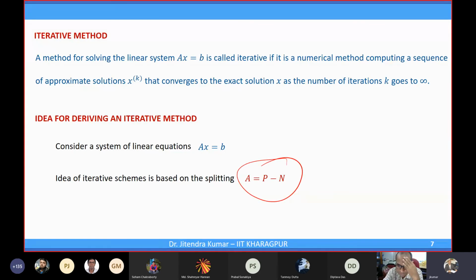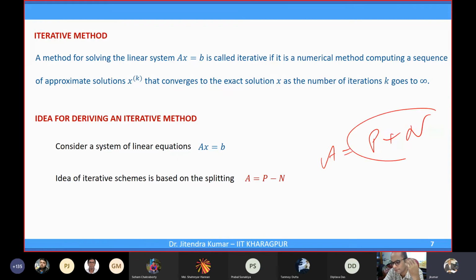We will go with the particular method in a minute. The general idea is that you split A into, let's say, a P matrix and an N matrix. The minus sign is taken just for simplicity. You have split A into two matrices, some P and some N.